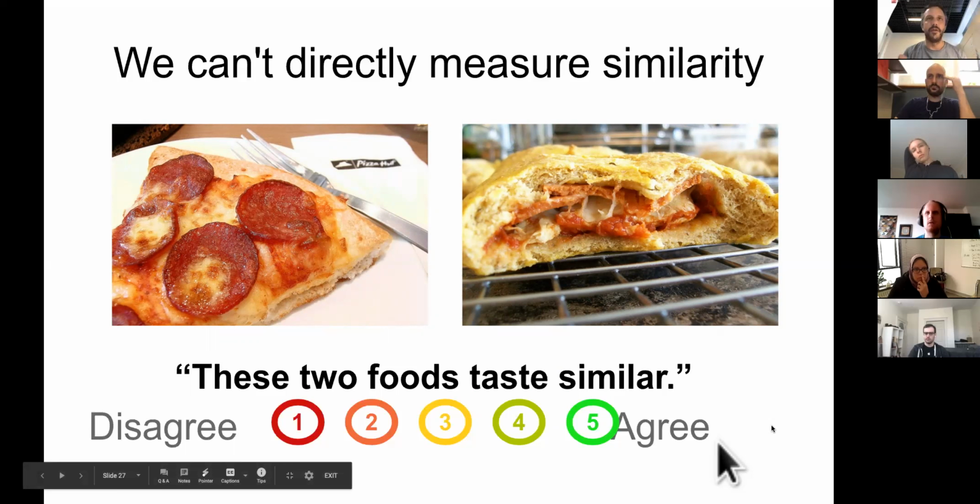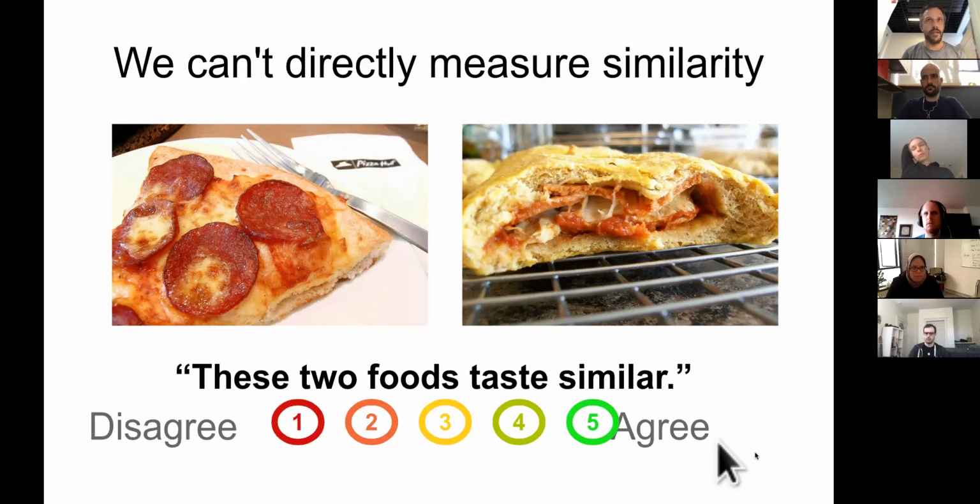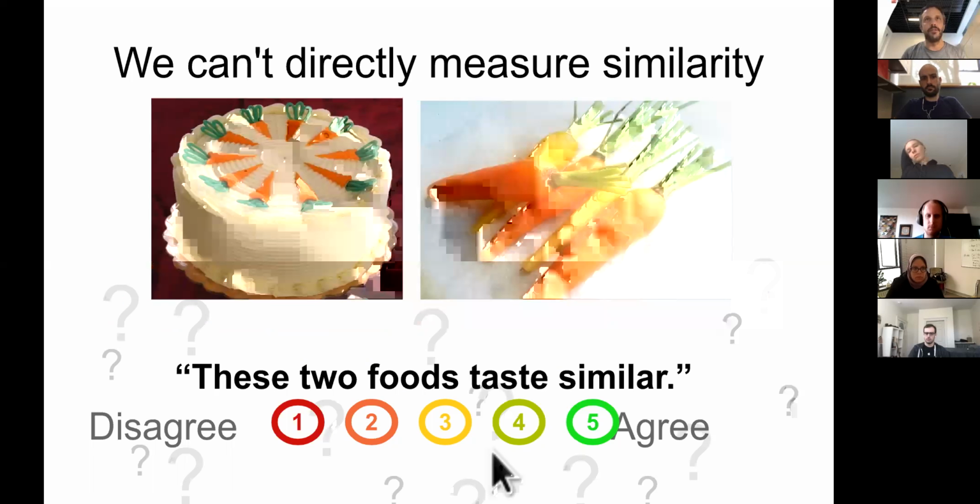So if you do this as a pairwise task, and you use a Likert scale with 5 or 7 steps, it's tricky because, especially if you come into this cold, you're not sure what this scale means. And as you go through it, you might change your mind about what those different levels mean.